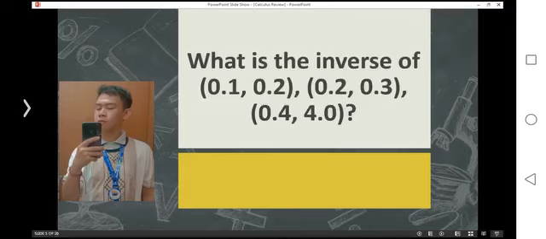There is no repetition, so this is an example of function. Then we will look if this function is one-to-one or many-to-one by looking at the values of y. If there is no repetition, then this is a one-to-one function. If there is a repetition, this is a many-to-one function. So the range is 2, 3, 4, 0. There is no repetition, thus this is a one-to-one function.